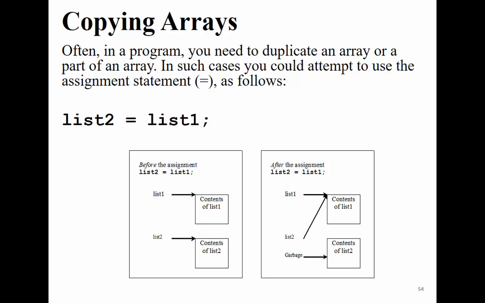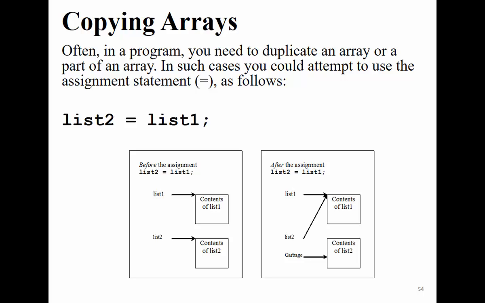Before executing the statement list 2 is equal to list 1, you have list 1 and list 2 with their contents. The statement list 2 equals list 1 is not copying the array, because an array is a reference whereas the elements are stored in memory. Whenever you execute list 2 equals list 1, you are simply making list 2 point to the same content as list 1.